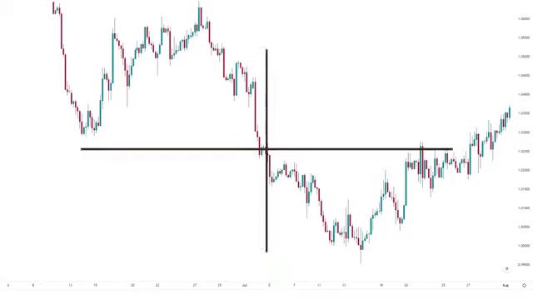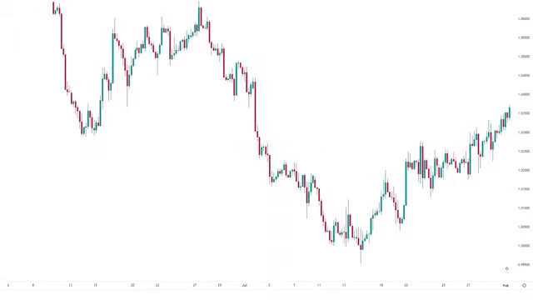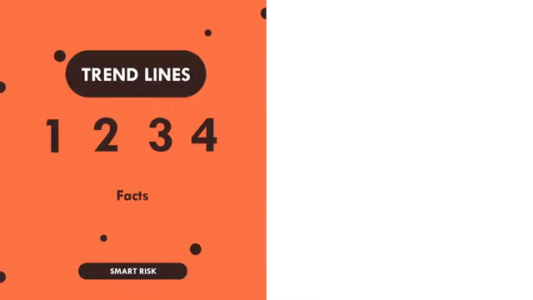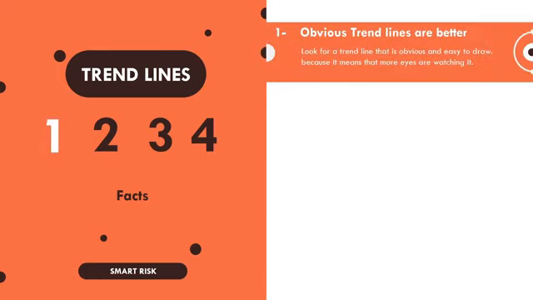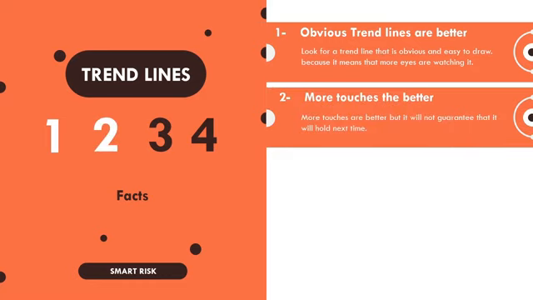So first, let's start with the concepts we follow in drawing trend lines. First, obvious trend lines are better. Look for a trend line that is obvious and easy to draw, because it means that more eyes are watching it. Second, more touches, the better.